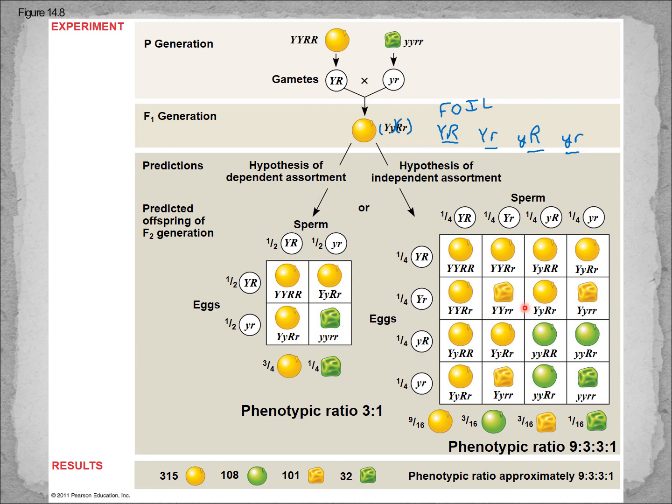Now, if they did independently assort, let's say they are not linked genes and they are far enough apart on the chromosome that they would be separated during meiosis and crossing over, then you would get a 9-to-3-to-3-to-1 ratio of phenotypes. I'm going to do an example of this. It's better that I show you the example in a separate segment so that you can see me actually work out a problem and do the FOIL.